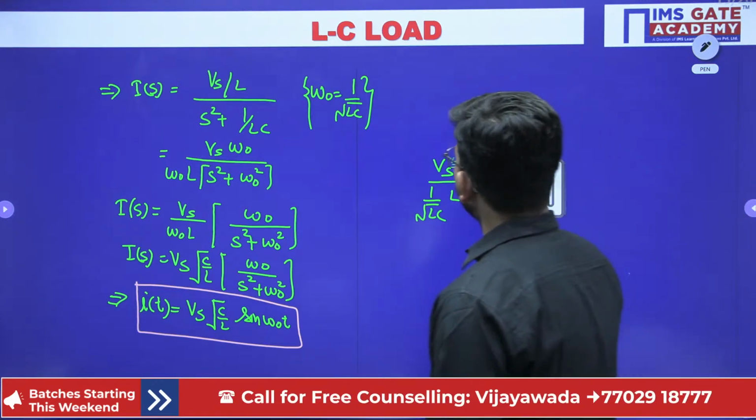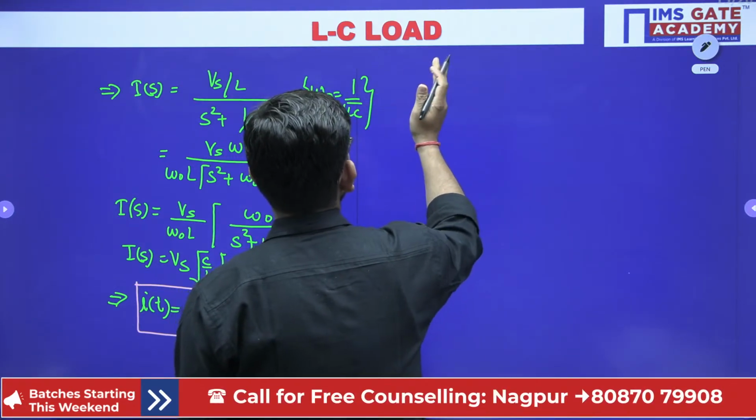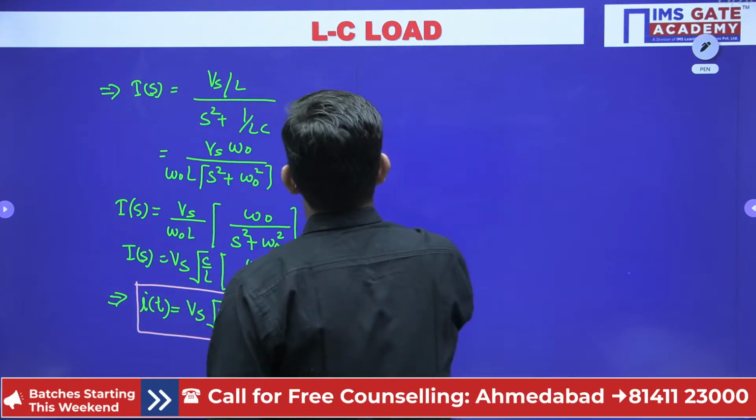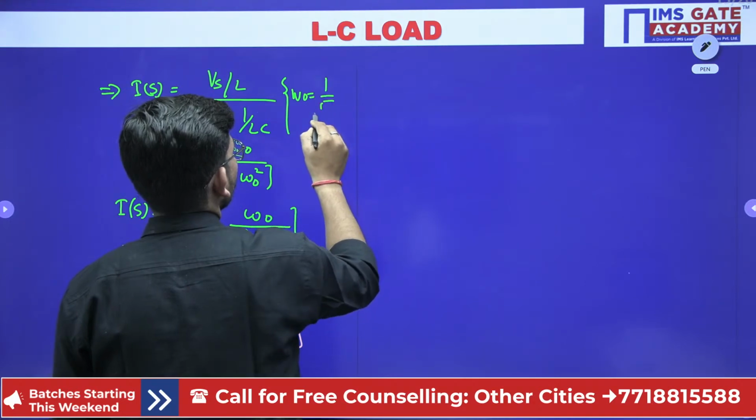Let me clear this right now. So this expression of current we have obtained here. Let me write omega naught, which is 1 upon under root LC.